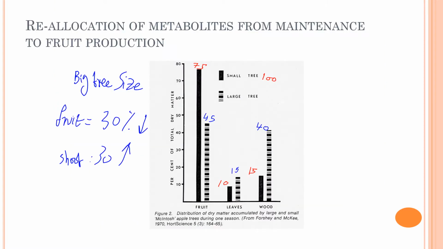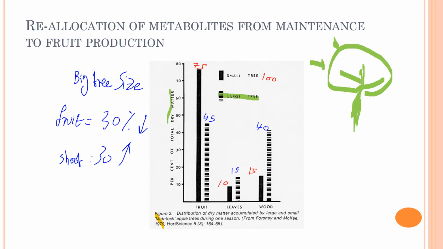And so when you look at this slide, for example, you can see you have two kinds of trees. You can see a tree that is large in size, which is this one. So we have a large tree, very big tree. So a lot of the dry matter here, a lot of this dry matter that the tree produces by photosynthesis is going to go where?